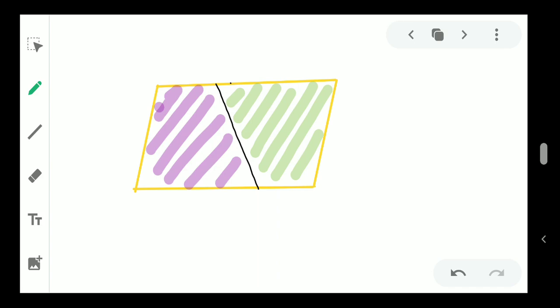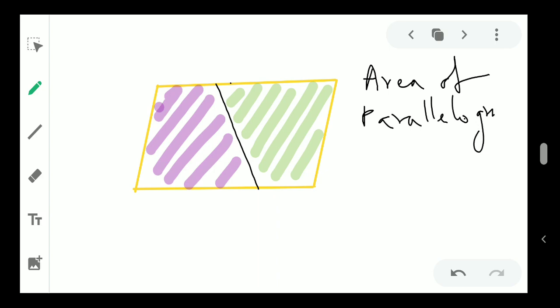Now we know the total area of the parallelogram. What was the area of a parallelogram?